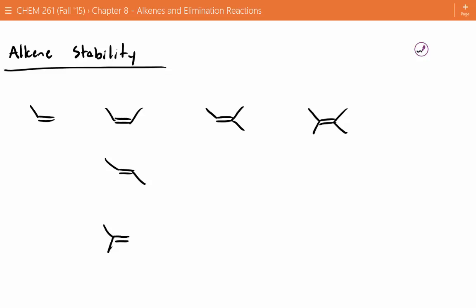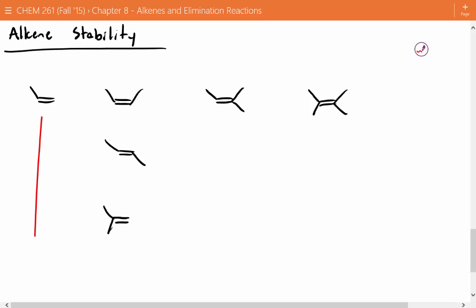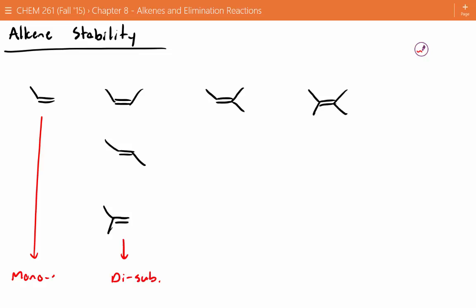Yeah, the number of substituents coming off of them, right? The one on the far left we call monosubstituted. These ones are called disubstituted because they've got 2 different groups coming off of the double bond. This one is trisubstituted. And this one is tetrasubstituted.